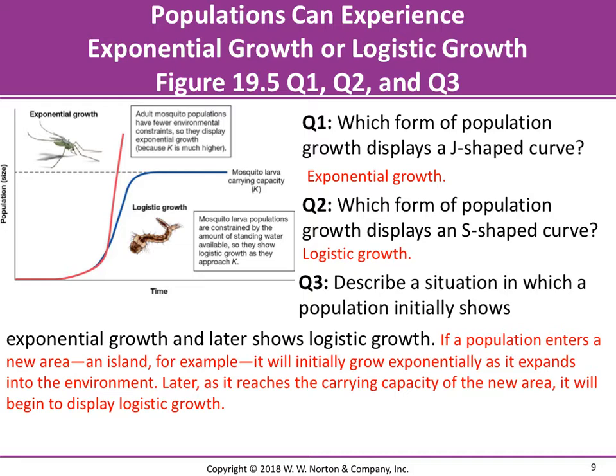So which form of population growth displays a J-shaped curve? Exponential growth. Which, an S-shaped curve? Describe a situation in which a population initially shows exponential and then logistic growth.